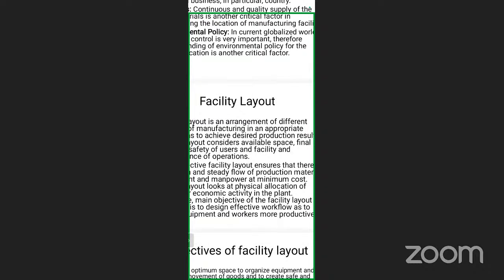If you are not arranging the machines, the labor, the raw materials, if you are not following different kinds of technology, how will your production process go on? How will your process be efficient? That is very important.